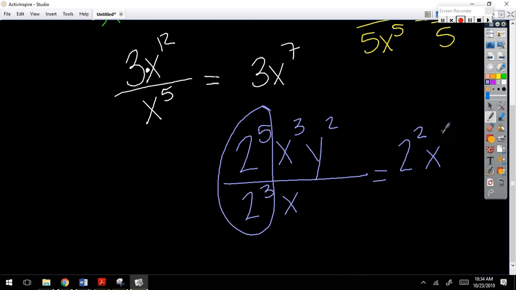That's exactly right. Does that make sense to everybody? So what are we going to do with the x squared? It's simplified. That's the simplified version. That's as far as we go. We're going to be working with polynomials, and they'll have different exponents and stuff, and you'll have to know what to do with them.